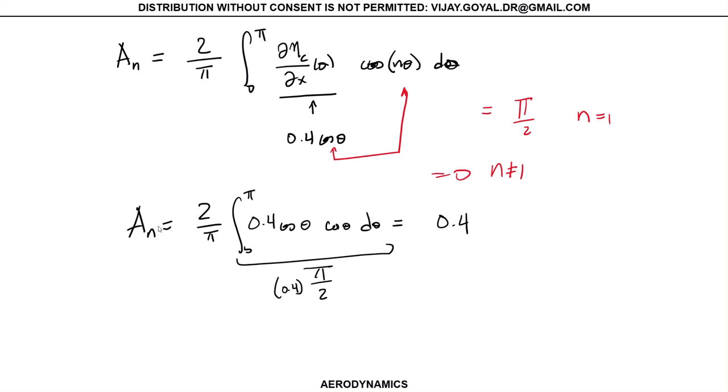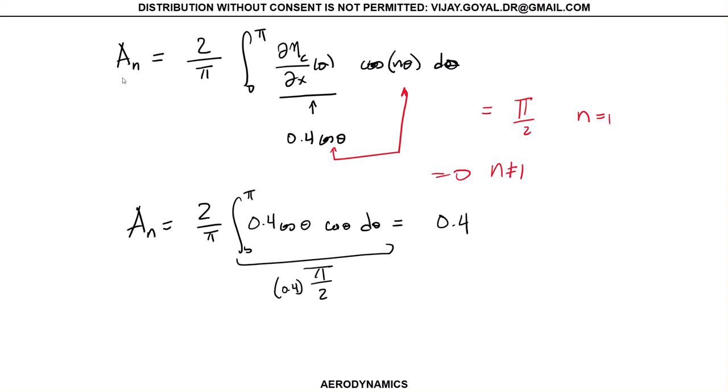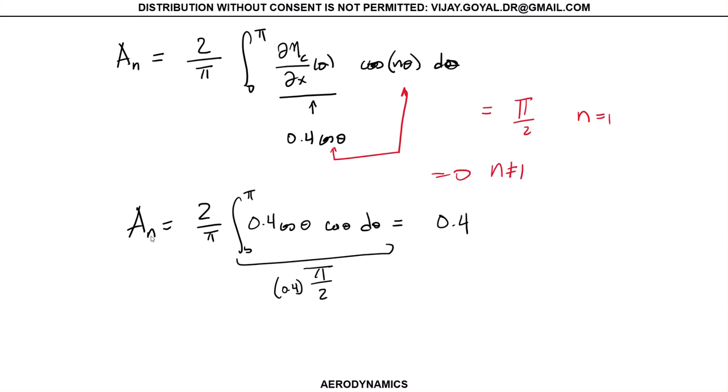Now let's go ahead and apply our equations, because we're working with thin airfoil theory. Replace A sub 0 and pi. Sorry, you may want to fix this, this is actually 1, and A1 is equal to 0.4.